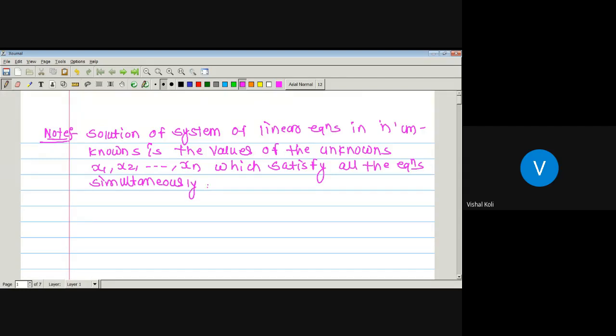Okay, it means the solution of a given system of linear equations is nothing but the values of variables x1, x2 up to so on xn which satisfy all the m equations at a time.